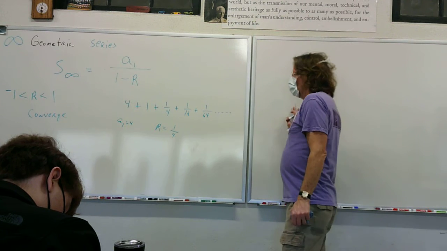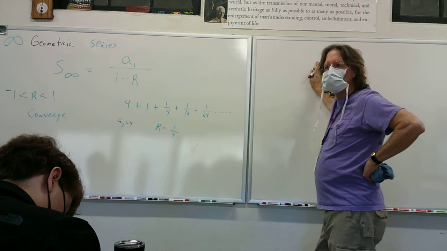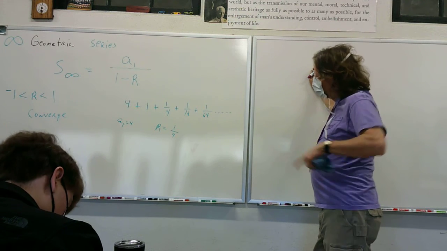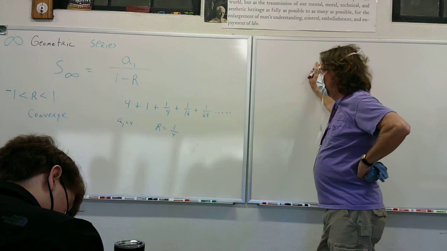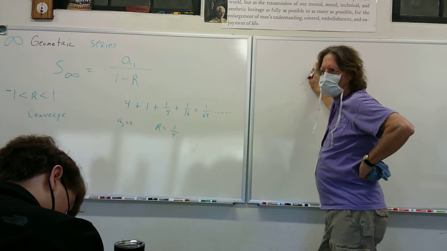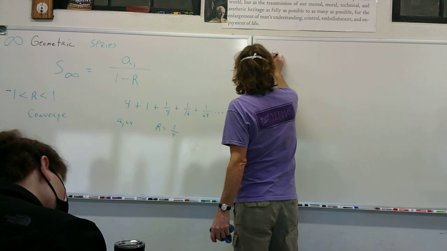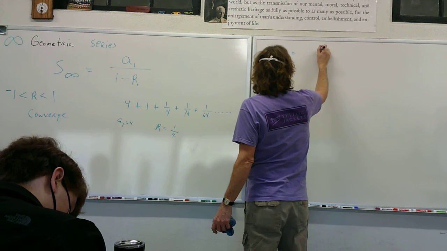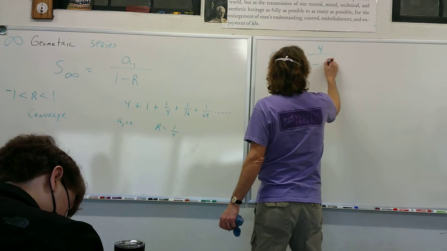All right. Well, I want to know what's the sum of all these that you could add up forever and ever. I bet it's a little bit bigger than 5. How many people think it's a little bit bigger than 5? Yeah, because 4 plus 1 is 5, and then I get 5.25, so it's a little bigger than 5. Well, let's see what it is. It is 4 over 1 minus the ratio, and what's the ratio? 1/4.